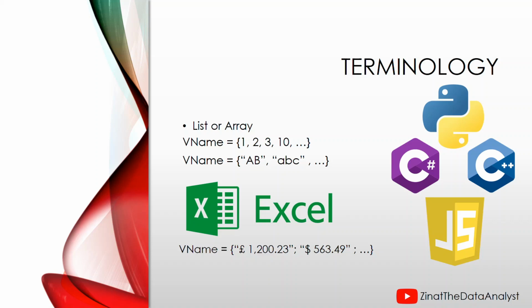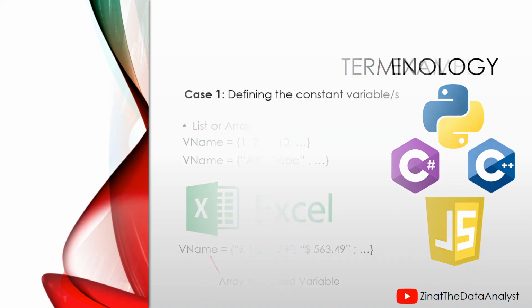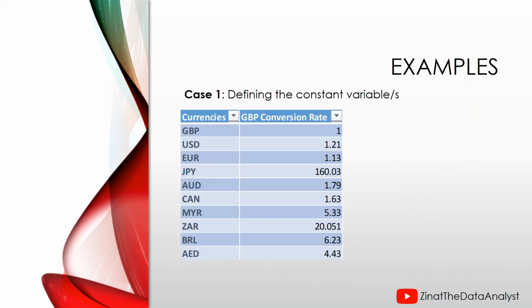The first type of reference would be simple references, for example, single variables or constant variables. Please look at the table. We have a currency table containing conversion rates to GBP. If we want to use USD in our workbook, and whenever it is called, we look for its conversion rate, which is 1.21, then we should define USD as a reference.